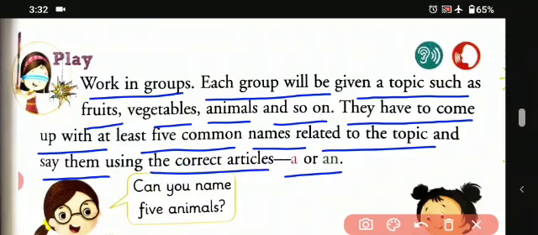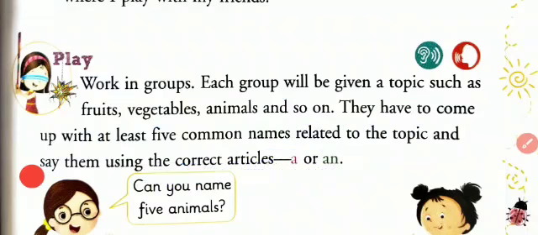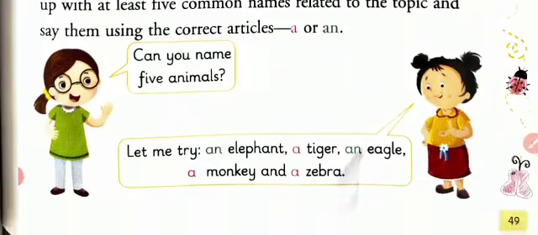Okay students, so in this you have to take some words of vegetables, fruits, animals, and anything which you want. And before saying that name, you have to use a or an. That means if it's an apple, you will say an apple. And if it's a tiger, that means a tiger, because it's not a vowel. Okay students, so let's see.